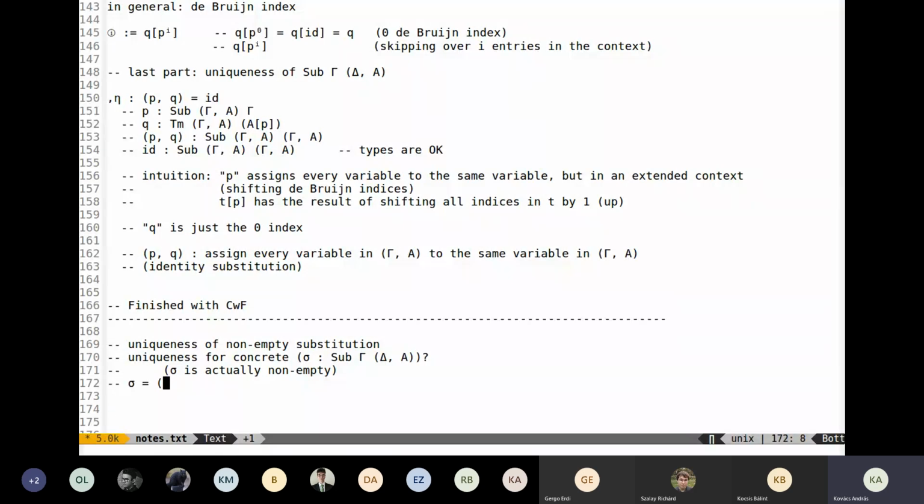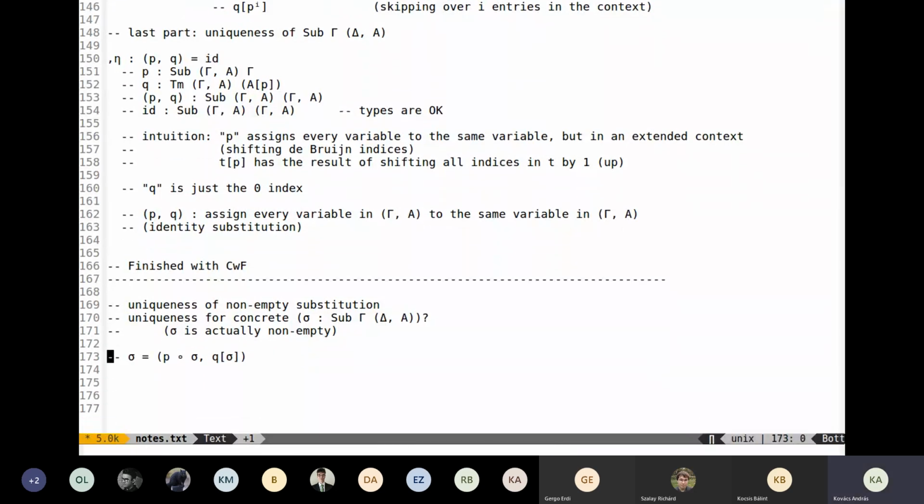Am I doing right? So every sigma should be p sigma, right? And Q sigma. So every such sigma is actually an extended substitution.